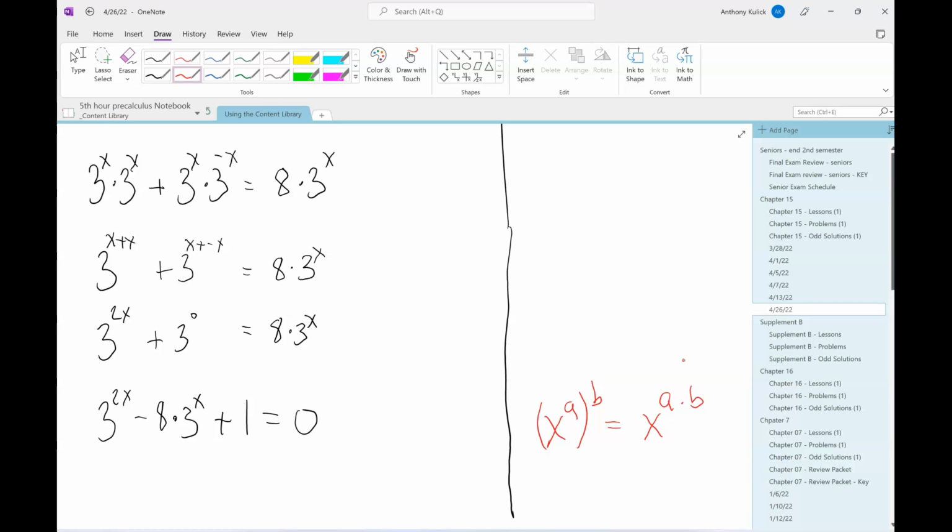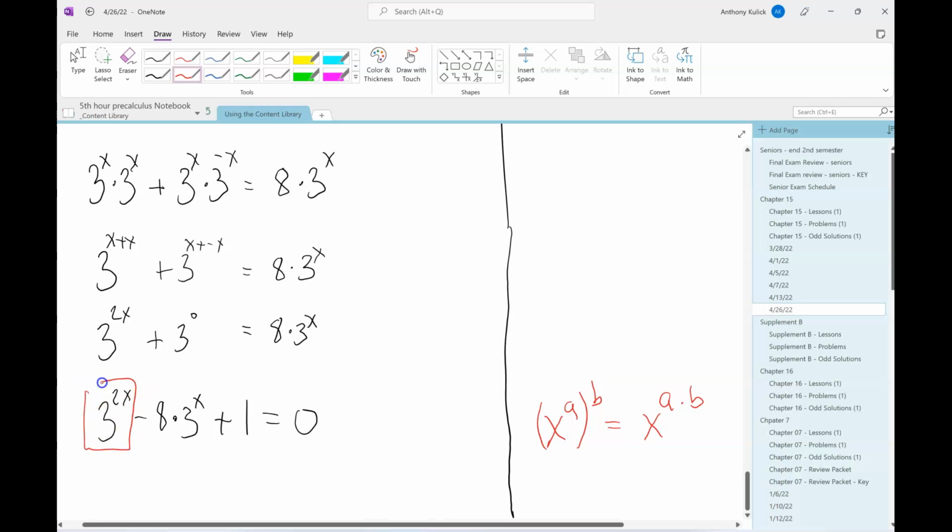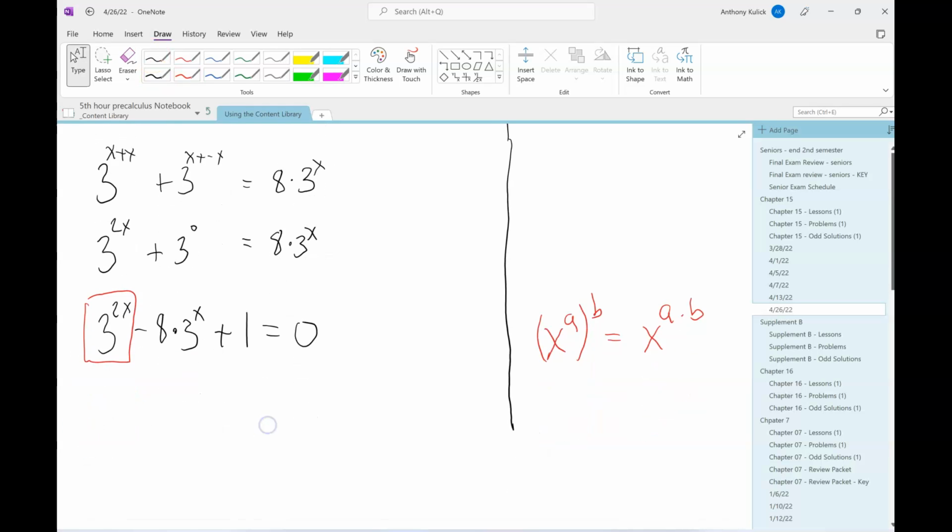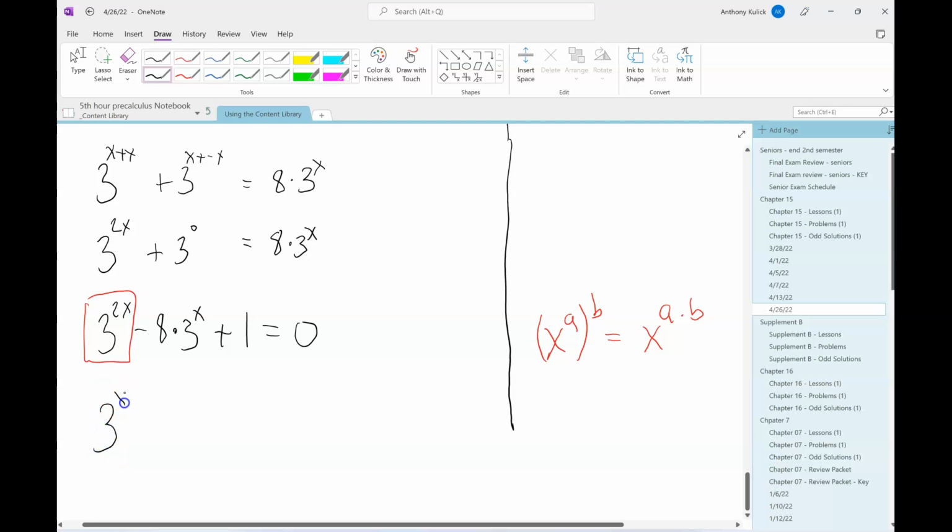That look familiar? If I apply that here, instead of thinking about that as 3 to the 2x, I can think about it as 3 to the x squared. Is everybody okay with that?